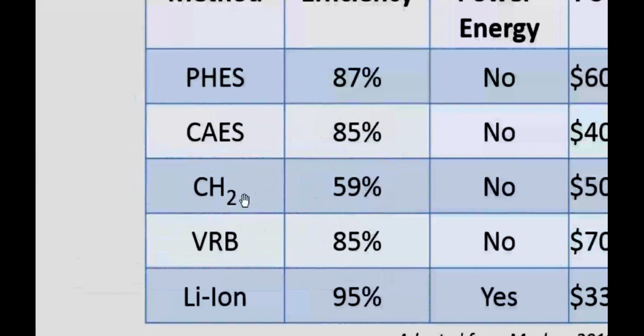These efficiencies are relatively high. Unfortunately, there is some literature that describes these different systems, and a lot of it has differing values for efficiency. These are mostly median values of what I've discovered and read about.